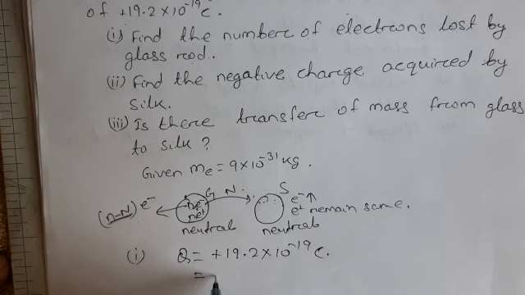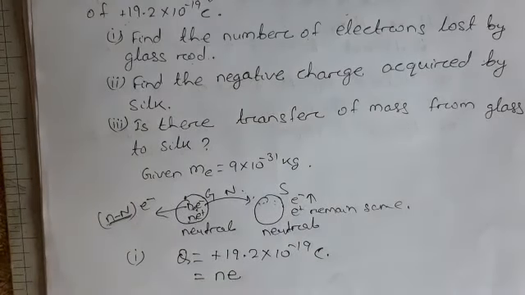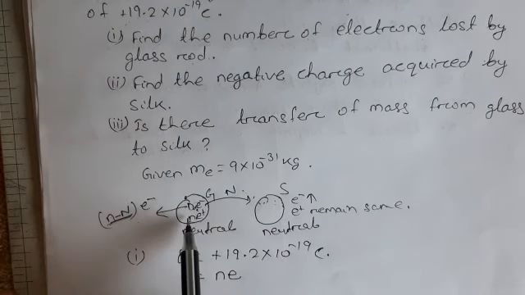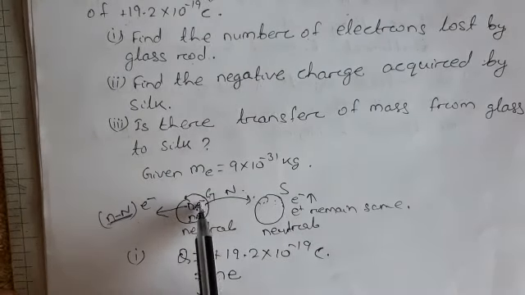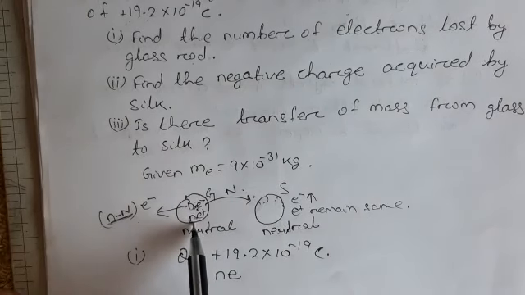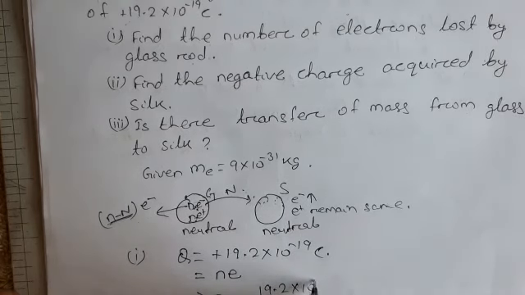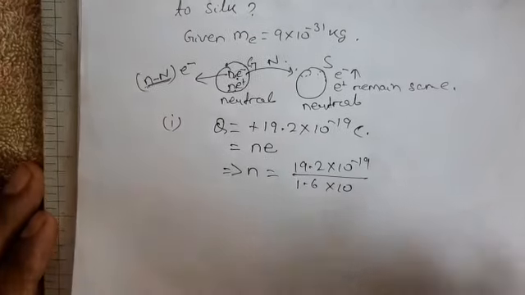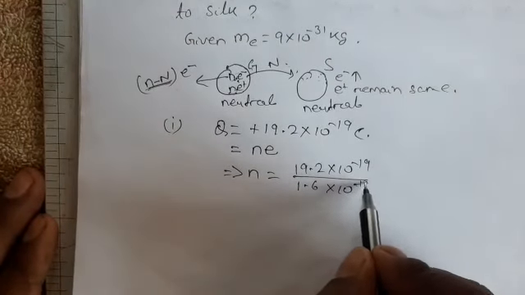According to quantization of charge, Q equals N times E. So N, the number of electrons transferred or the number of excess protons on the glass surface, equals 19.2 × 10^-19 divided by 1.6 × 10^-19.